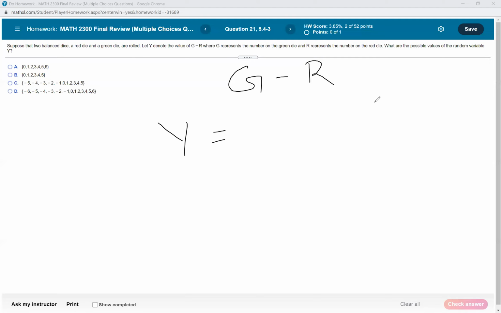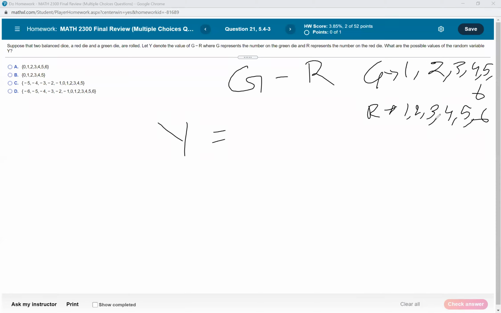So what are the possible values for green? Possible values for green are 1, 2, 3, 4, 5, and 6. And similarly, for the red one, the possible values are 1, 2, 3, 4, 5, 6.